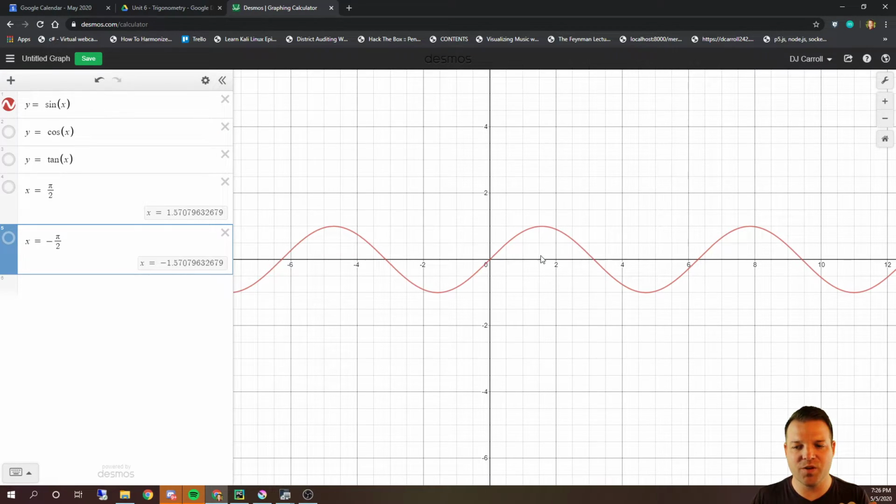And then this one right here, which is going to be at pi over 2, it's going to be at 1. And over here at pi, it's going to be 0 again. And then at 3 pi over 2, it's going to be negative 1. And then the rest, as long as I know the shape of the graph, I am going to just fill in or approximate the rest, okay? All right, so let's get to it.